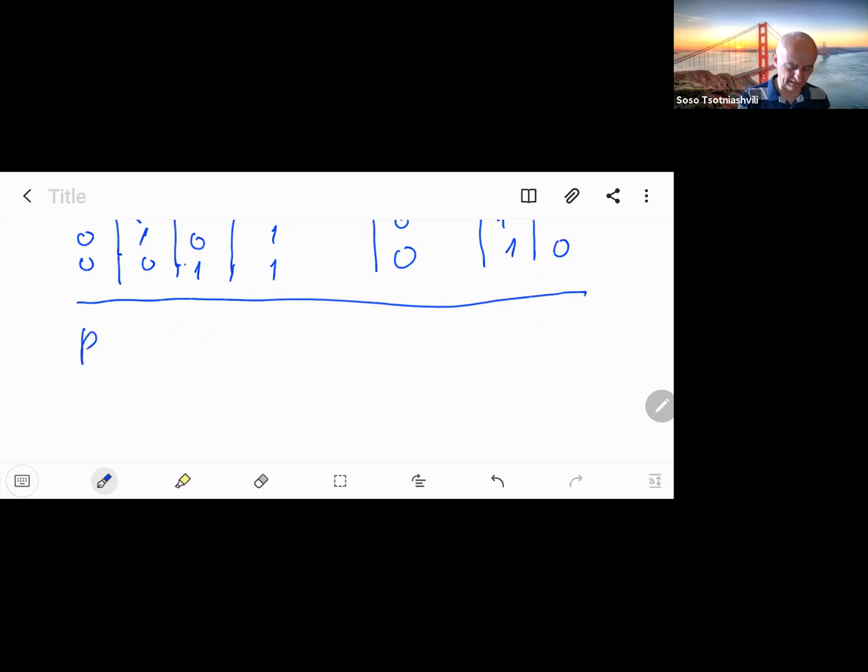We proved that P and not Q and not P and Q, we proved by constructing a truth table, and we proved that this is false.